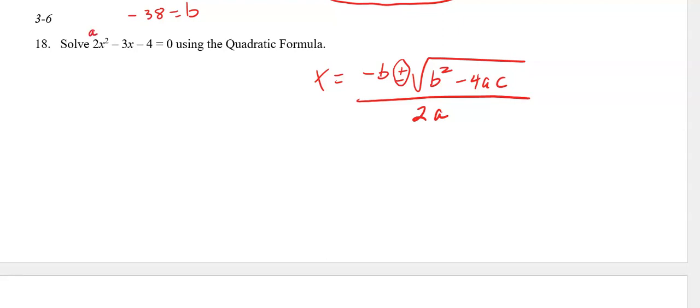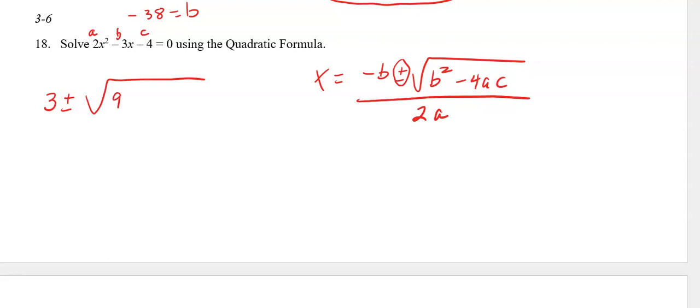So a is going to be 2, b is going to be negative 3, and c is going to be negative 4. So I just plug those numbers in, and then we're ready to go. So the formula says the opposite of b. That's the opposite of negative 3. That's positive 3. Plus minus. Under the radical, it says b squared.